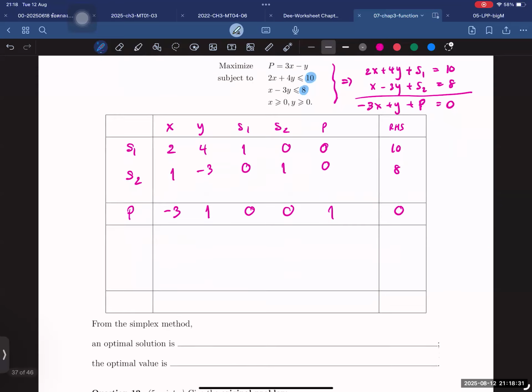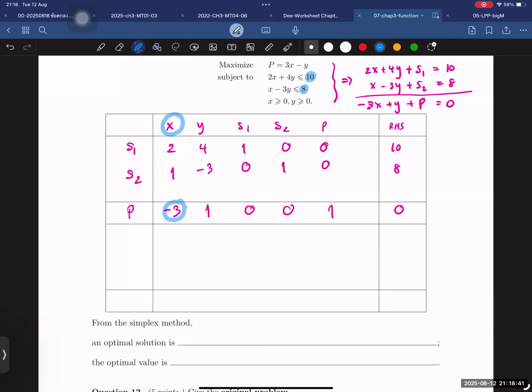So to do that, we see that this one is most negative. So this is going to be your pivot column. Now we check the minimum ratio test. So for the minimum test, we get 10 divided by 2, which is 5. Here we get 8 divided by 1, which is 8. So the minimum test tells you that this is your pivot row.